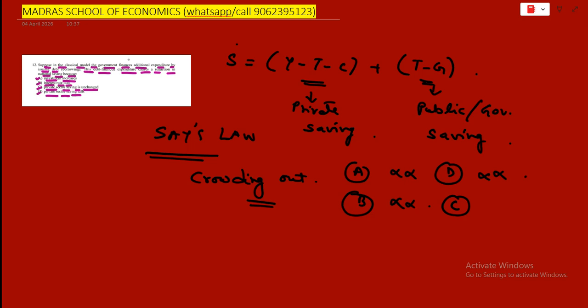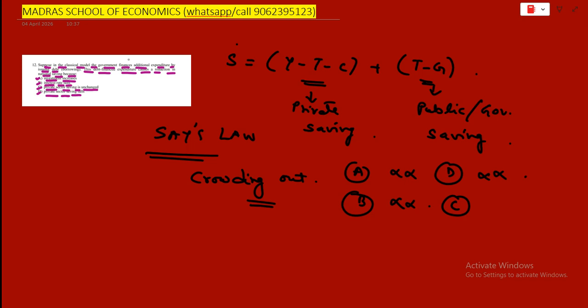So the private saving is a steady 100 and government saving goes from 0 to minus 50, and the total national saving drops from 100 to 50. The reduction in national saving is driven entirely by the government's deficit. So the solution for this question will be option C, private sector saving is unchanged.